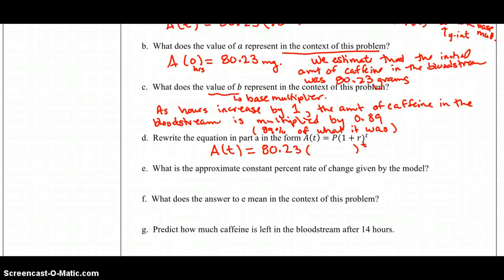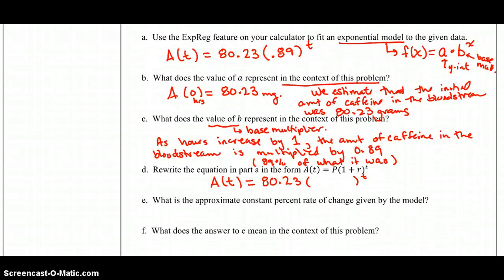So the form that we've written needs a constant coefficient, which we already had, and an exponent of t, which we already had. But to fit the form, inside the parentheses we need 1 plus something. We don't have that. We have 0.89. So we need something equivalent to 0.89, and that would be 1 minus 0.11.